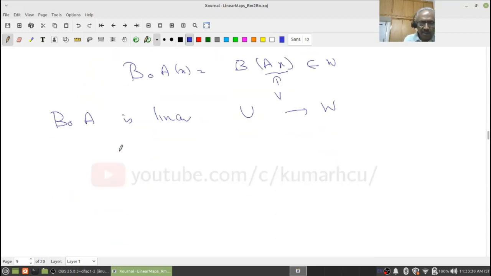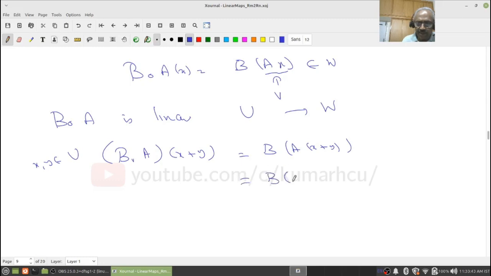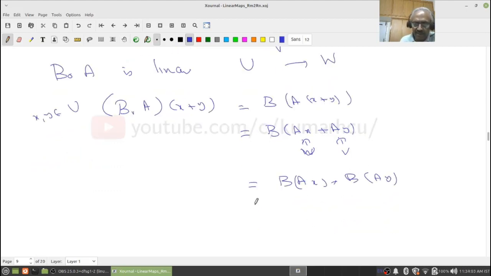Okay, let us quickly do that. B of A of, let us say, x plus y, where x and y are in U. By definition this is B of A of x plus y. But A is linear, therefore it is B of Ax plus Ay. Where are they? These are in V, this is also in V. And B is a linear map from V to W, therefore this is B of Ax plus B of Ay, but that's nothing other than B composite A of x plus B composite A of y.